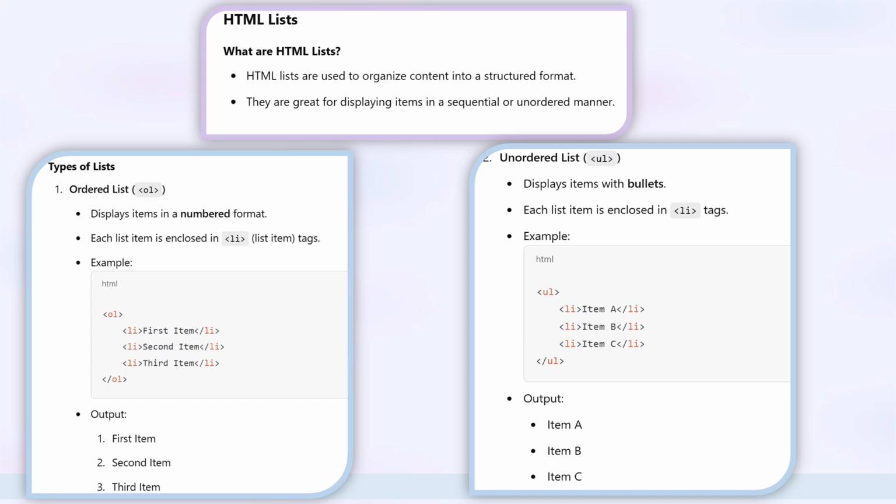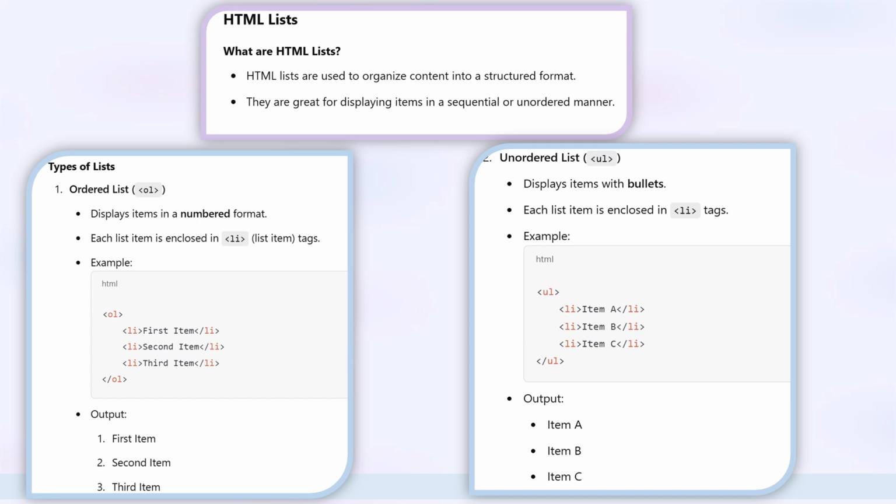An example of an ordered list is given here. The output we are getting is in a number format like 1, 2, 3. We can change it also to A, B, C, D. It means that what we are listing is properly numbered. In the case of unordered, we are not displaying any numbering but instead displaying items with bullets, described as an unordered list.